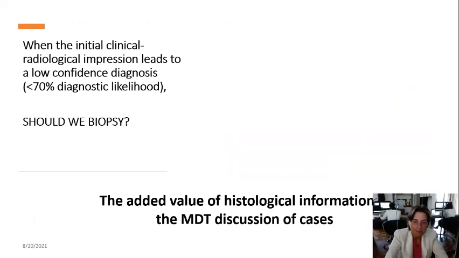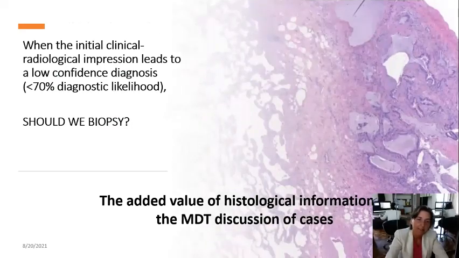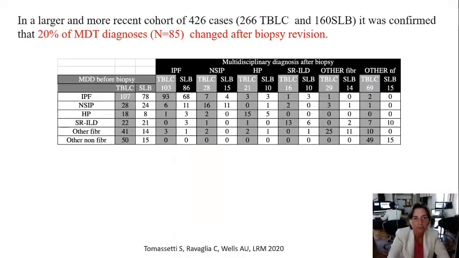The histological information really adds many hints in our multidisciplinary discussion of cases. This is just to mention that the initial clinical and radiologic impression is wrong in 1/5 of cases.